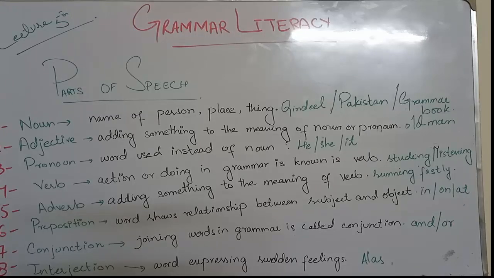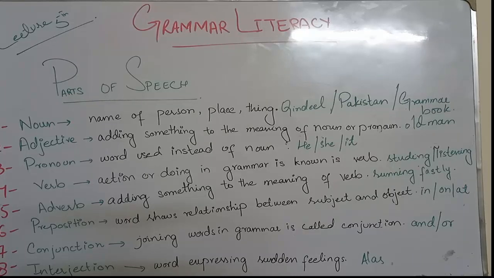But specifically the pronouns are he, she, it, I, we, they, you. He is for the boy, she is for the girl, it is for the neuter gender, and I, we, they, you are used instead of nouns. Basically, these are used, and they are called the pronouns.